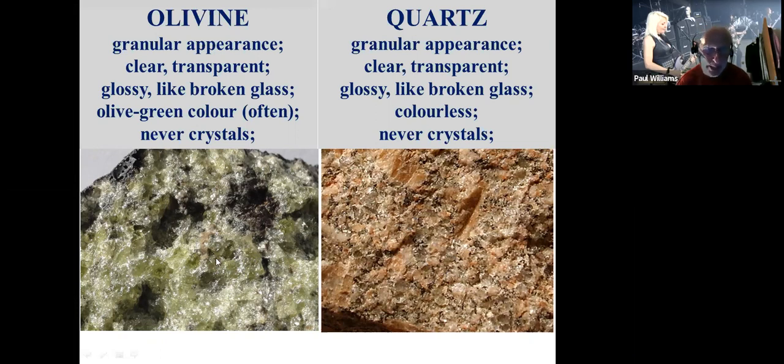But like I say, a large proportion of the time, your olivine will look like this and your quartz will look like that. So what we've got here are the two important minerals to be able to identify that will not have, generally speaking, a good crystal structure.